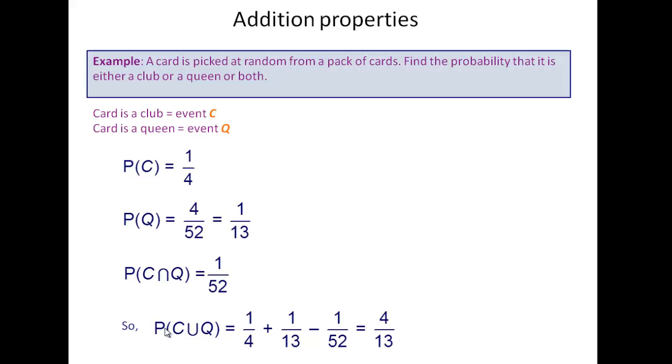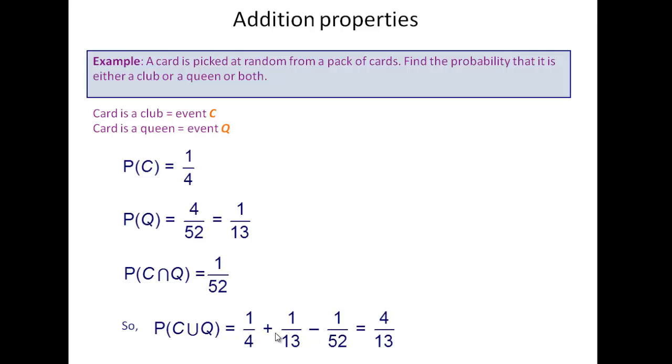So to work out the probability of a club or a queen, we simply add P(C) plus P(Q) and subtract the probability of C and Q, because remember, the queen of clubs is counted here and the queen of clubs is counted here. So we need to subtract one of those to get the correct answer.